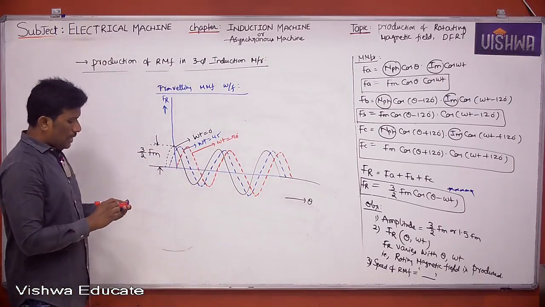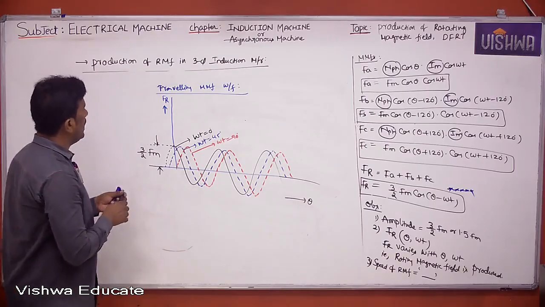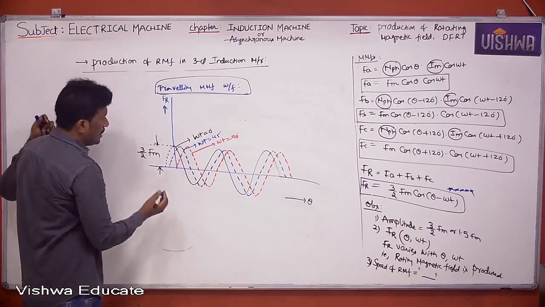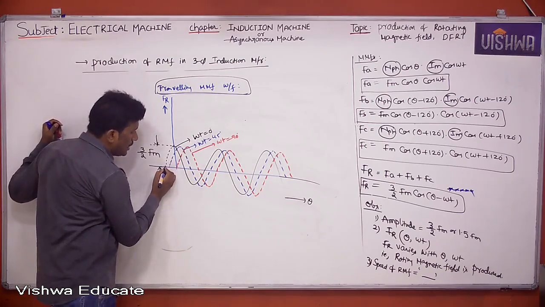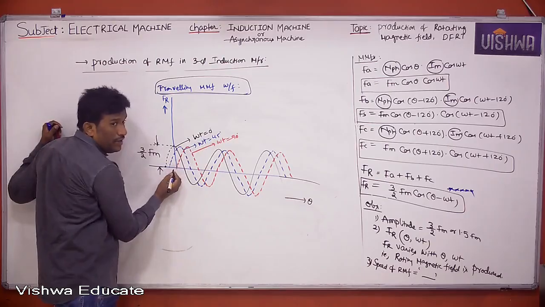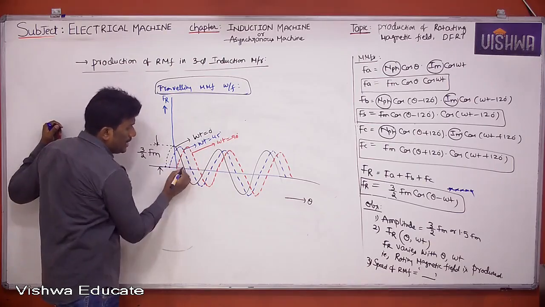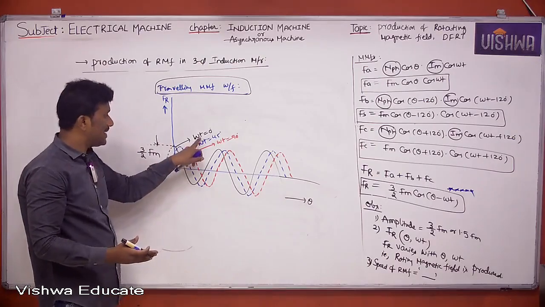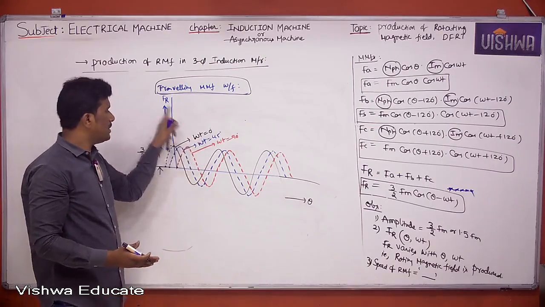Observe clearly why I called it a traveling MMF waveform. When omega t equals 0 degrees, it is here, at omega t 45 degrees, it is here, and at omega t 90 degrees, it is here. That means FR is varying with time, and obviously with space also.